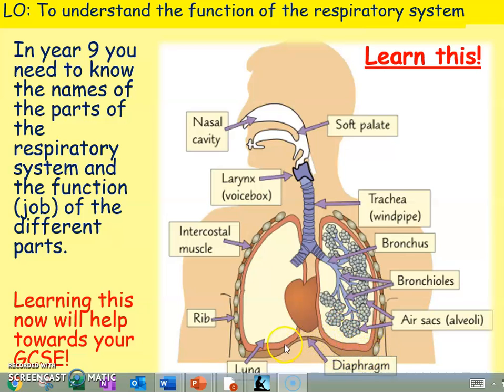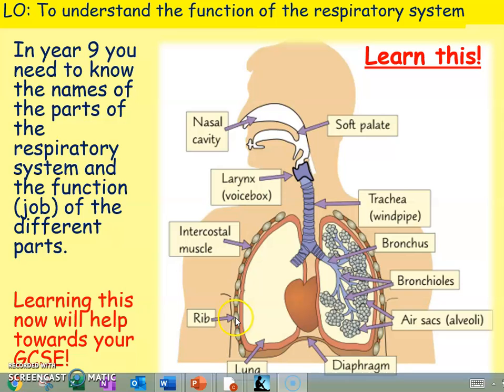Along the bottom of the lungs we have this large flat muscle called the diaphragm, and diaphragm is vitally important in breathing. As it contracts and relaxes, it allows us to inhale and exhale air. We have 2 lungs, one on the left and one on the right. Both lungs contain all of these parts, the bronchus, the bronchioles and the air sacs.